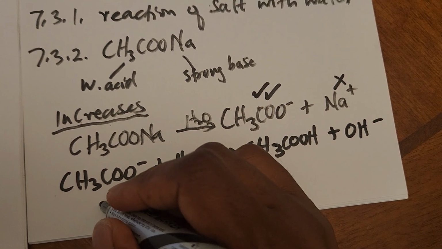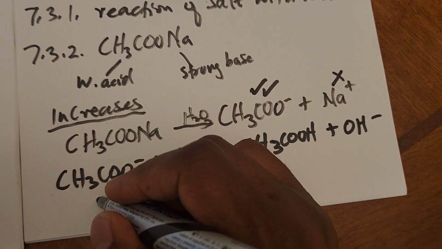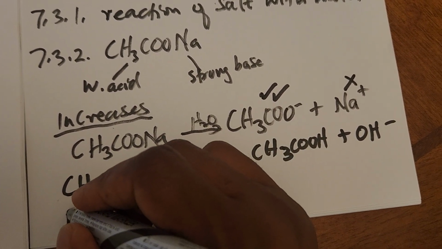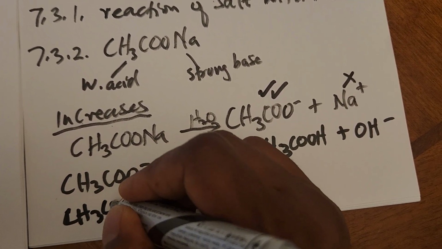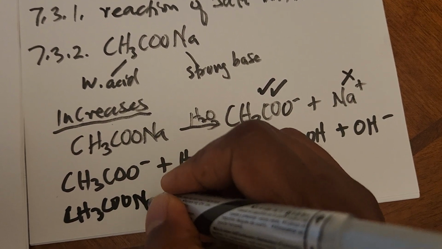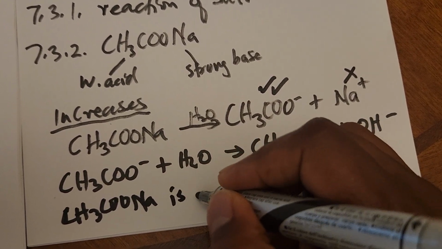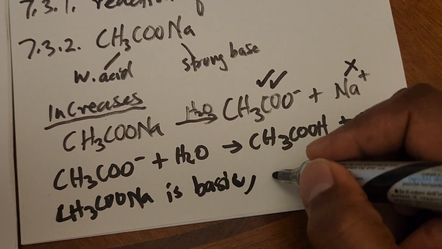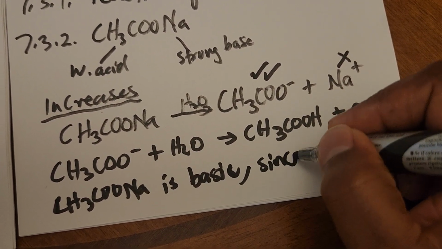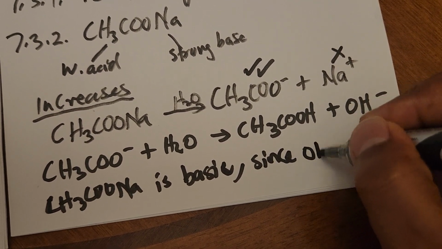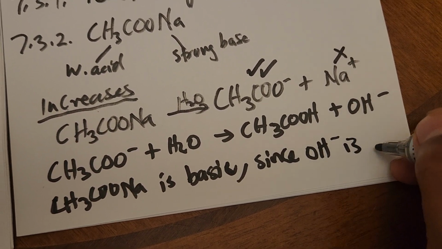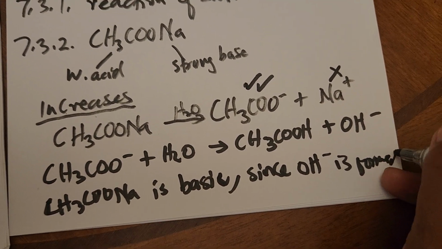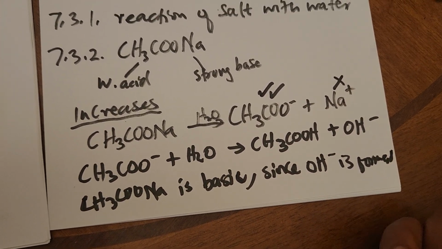Therefore, the solution of sodium acetate is basic or alkaline, since OH minus is formed. That is the sign that it is a base. That's the end of it.